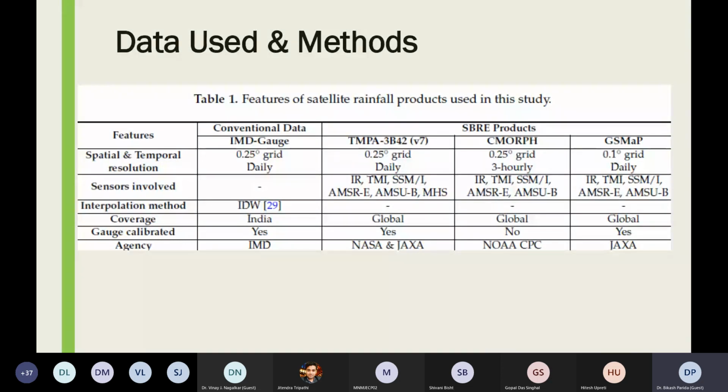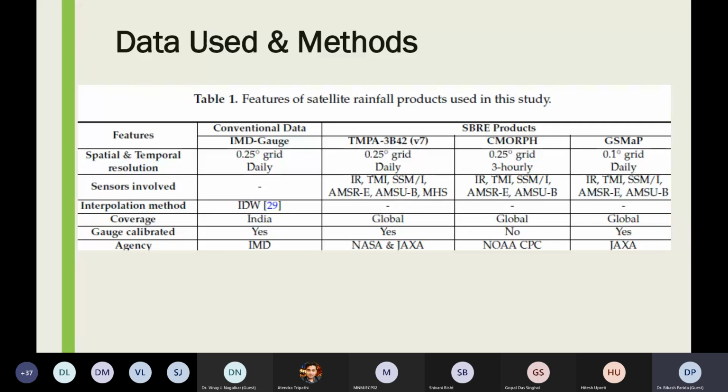The conventional data approach is basically the IMD data, and you'll find they have different resolutions. Most satellite based rainfall data is not at a finer scale resolution. Mostly we get 0.25 degree, because that is based on the passive microwave sensor. One limitation of passive microwave data is that it cannot collect signals from a smaller area, so it needs a wider area.